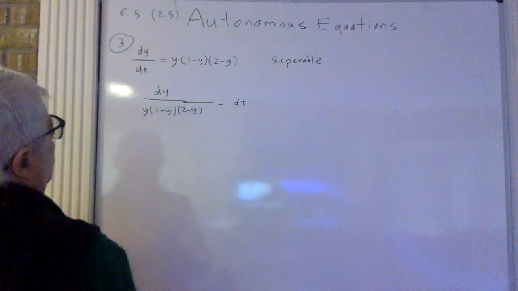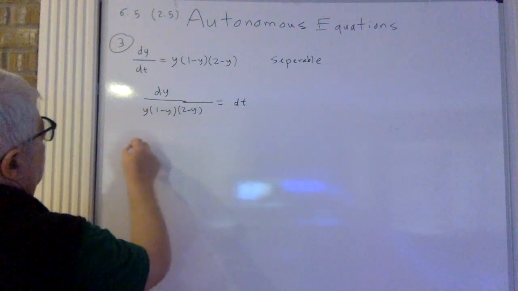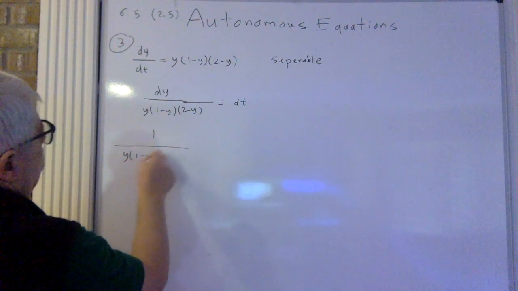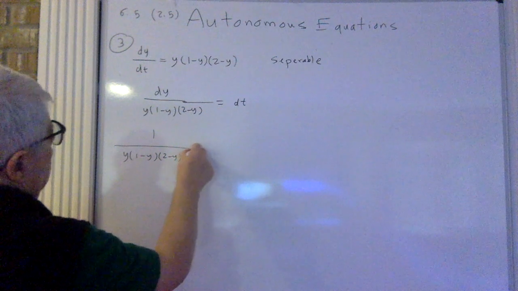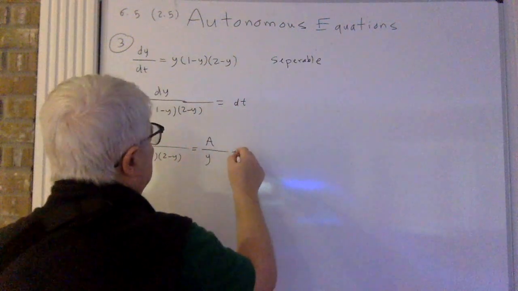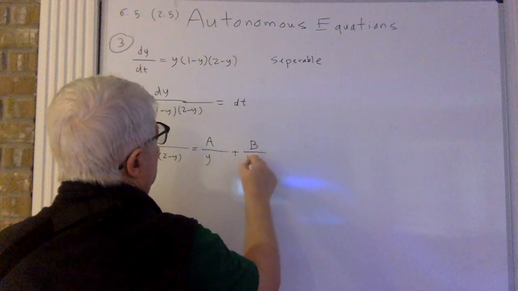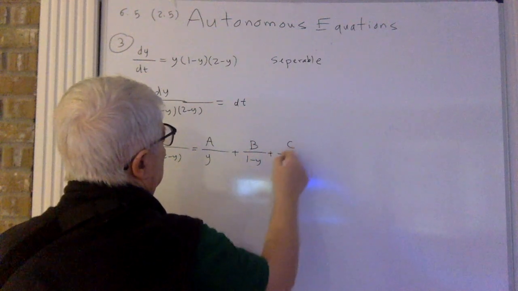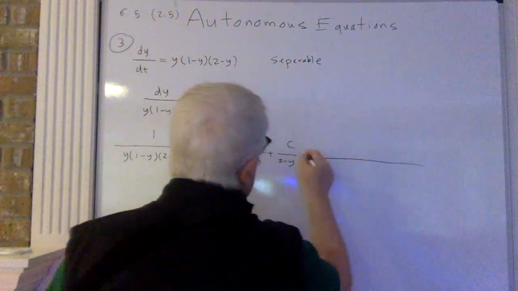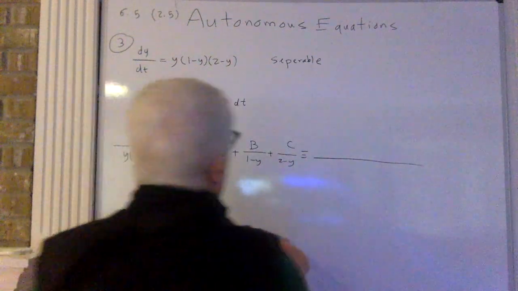So again, partial fractions: 1 over y times 1 minus y times 2 minus y is a over y plus b over 1 minus y plus c over 2 minus y. So that is, well, let's write the equivalent because that's the same.